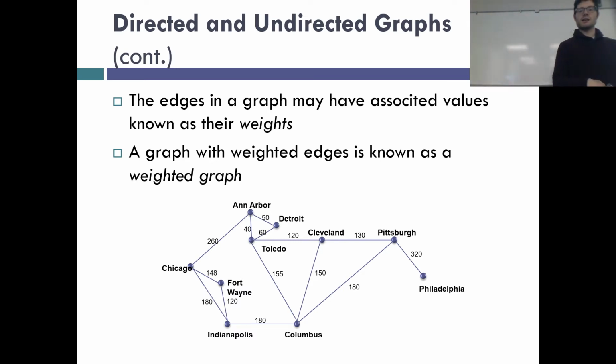So edges in graphs can have weights, and if it has weights, it's a weighted graph. This is a graph that shows distances between cities, right? About 320 between Philadelphia and Pittsburgh, 180 between Pittsburgh and Columbus, 180 between Columbus and Indianapolis, and 180 between Indianapolis and Chicago.